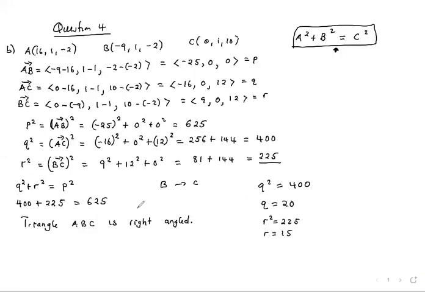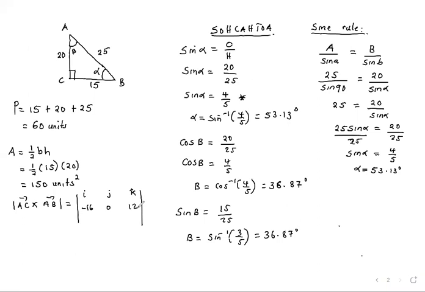And then also AB: negative 25, 0, 0. So this is the determinant.